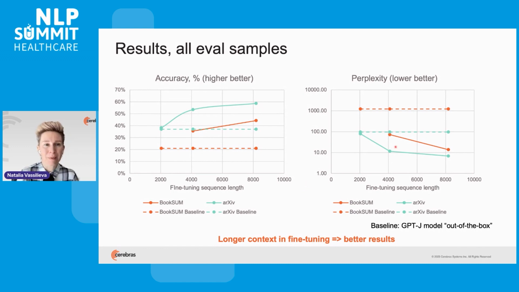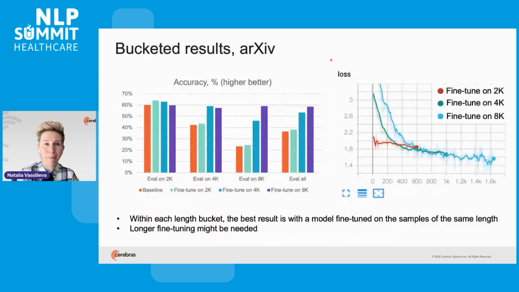This evaluation has been done on all evaluation samples. We didn't distinguish between shorter and longer articles in our evaluation data set, so that's just the average performance of the model on all of the documents, no matter what context length. We also looked at bucketed results for the arXiv dataset. Here we show how the models perform on different subsets of the evaluation data.